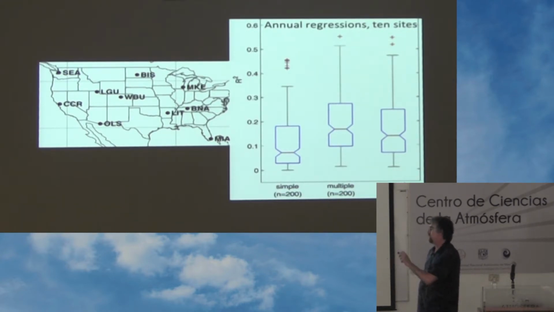So we chose 10 sites in the United States, a 5-year period from 2003 to 2007. We used one measurement every day. Here are the results for the simple regression model, with only one AOD value, AOD 0. 200 samples.